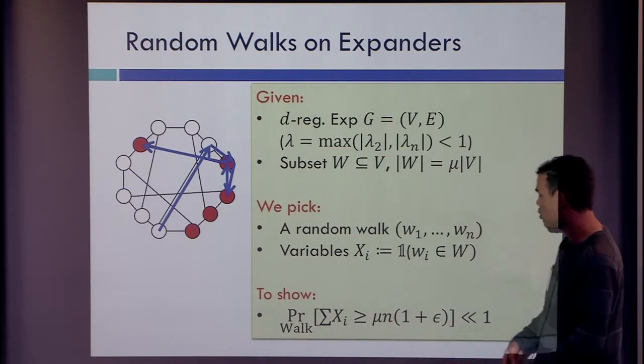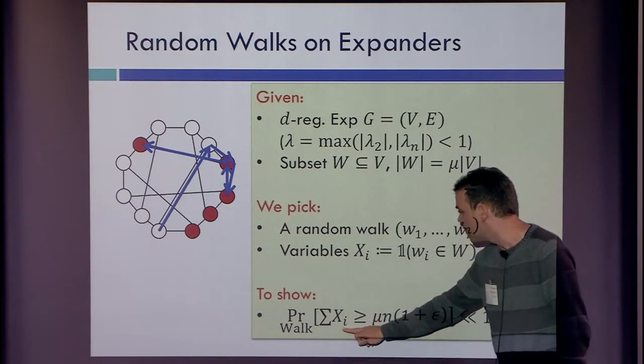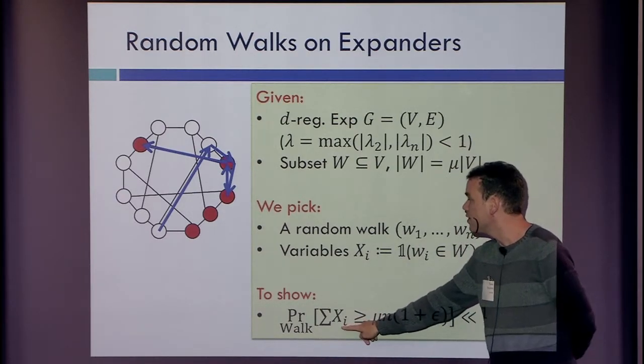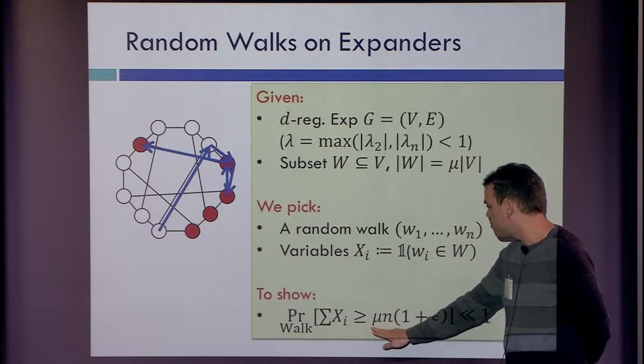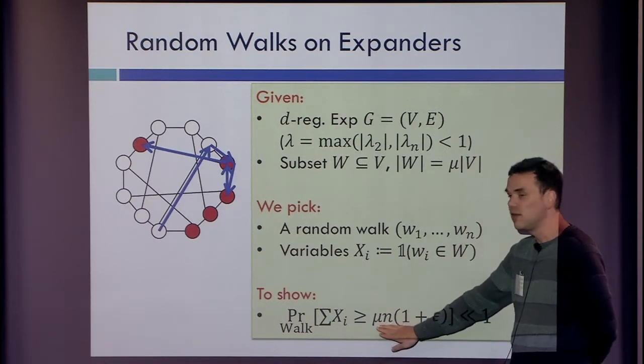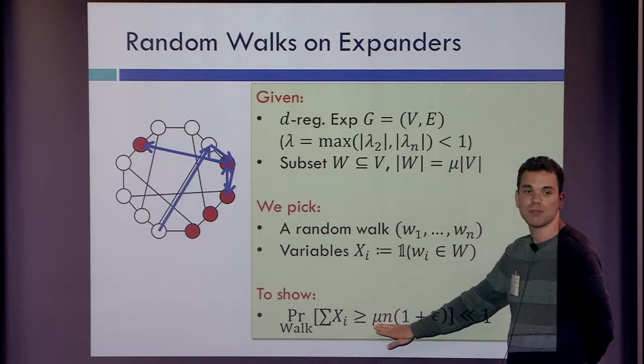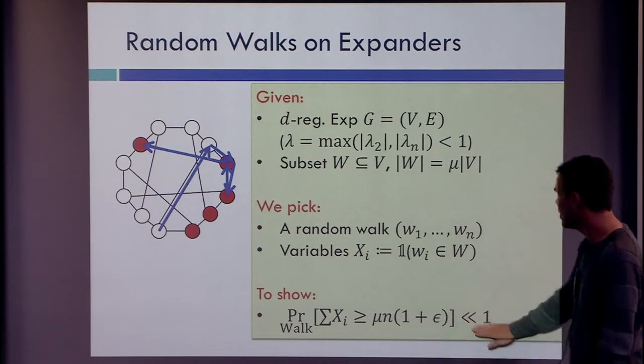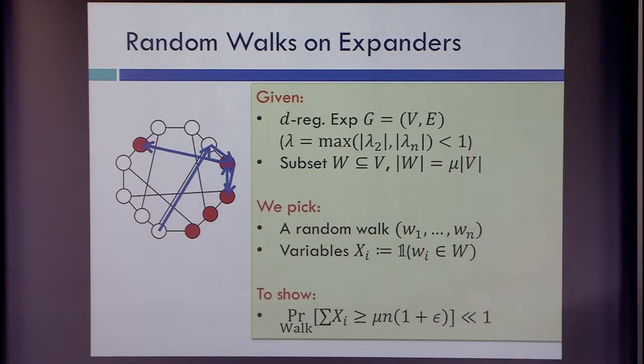So we want to show that the probability that the number of times you are in W is bigger than mu times n, which is the number you would expect on average, plus epsilon, is much smaller than 1.